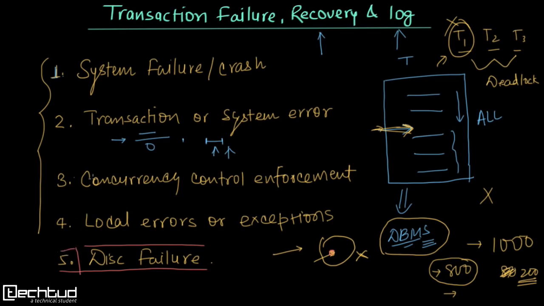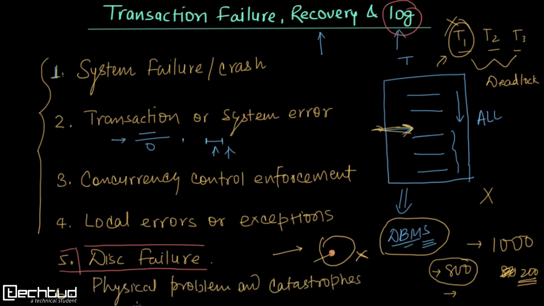In other cases, the system is well capable of fetching the data from the log file and doing a recovery. Similarly, we can also have physical problems and catastrophes. Let's say the whole system is destroyed due to some external issue like an earthquake or flood.